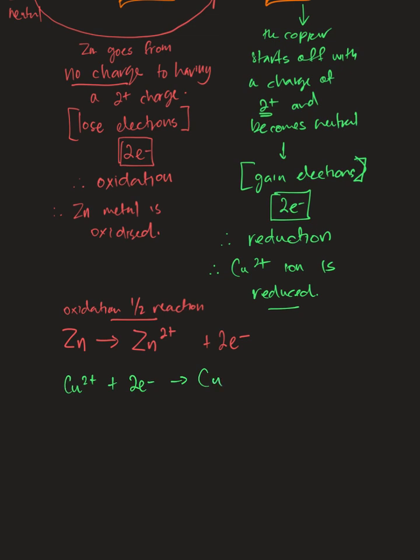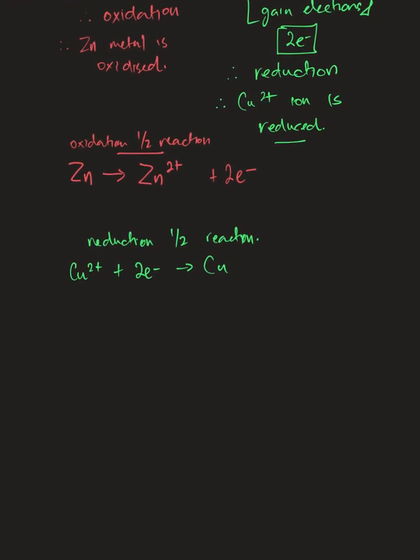Right. If I just move this whole thing down. And then we call this the reduction half reaction. We'll get more into detail with this, but this is just the basics of what you need to understand about what's happening in these types of reactions.